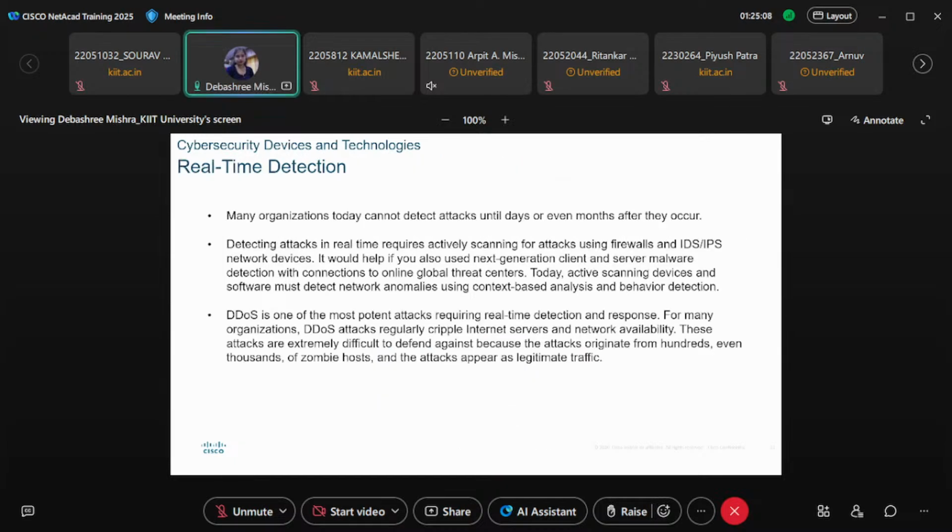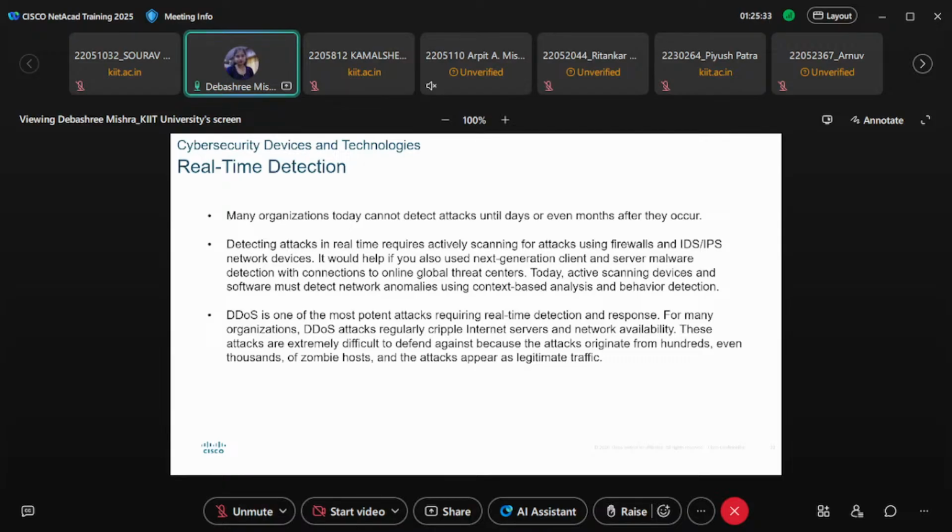Now, real-time detection in this particular case. Many organizations nowadays cannot detect attacks until they have already occurred, and due to that they are losing a lot of data, or their organization details get sacrificed into the hands of the attacker.